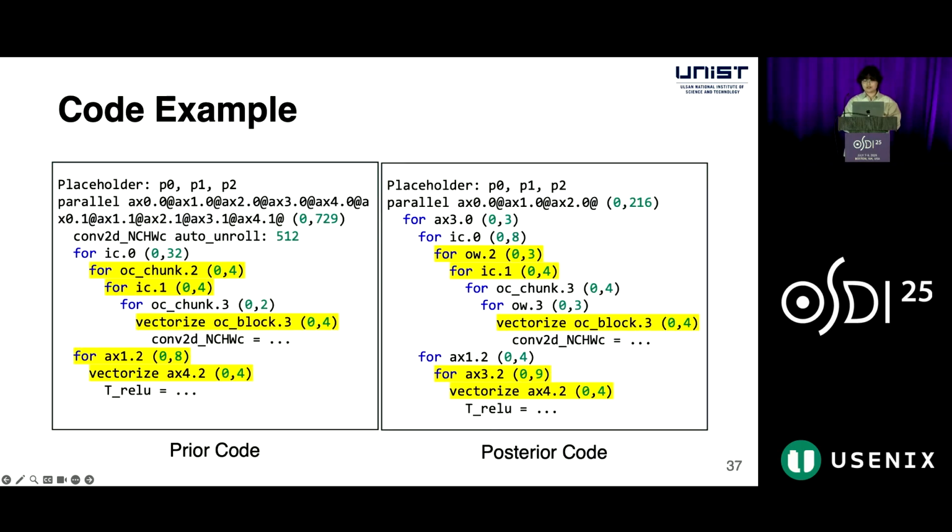This figure compares the prior code and the posterior code. The posterior code is generated by the diffused parameters from the prior parameters. When we apply the parameters to generate code, the posterior code ends up looking very similar to the prior code. For example, they have the same or similar loop iterations.